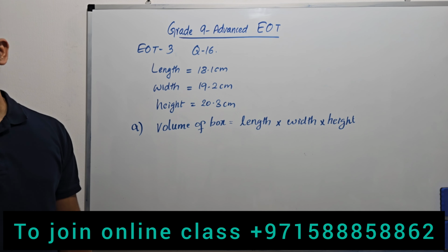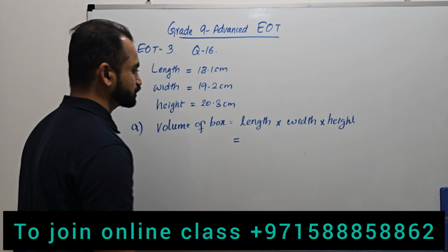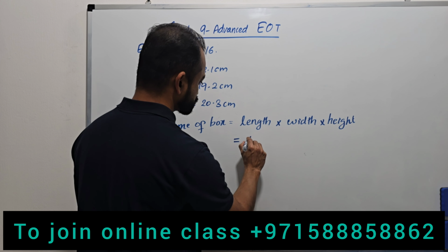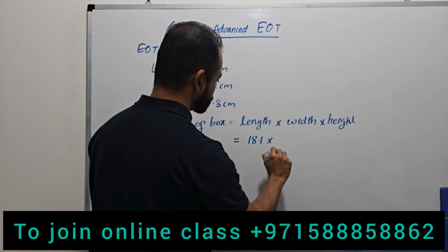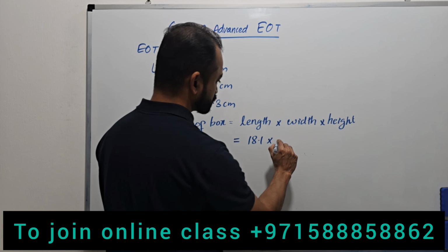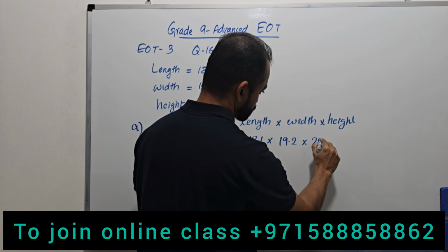By multiplying all the three sides we can get volume. Length is 18.1 centimeter, width is 19.2 centimeter, and height is 20.3. We will use the calculator.